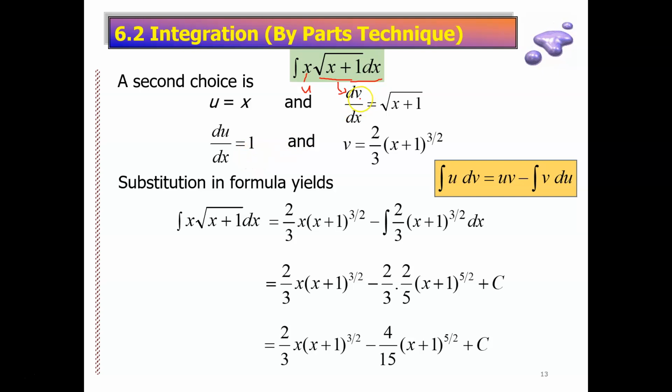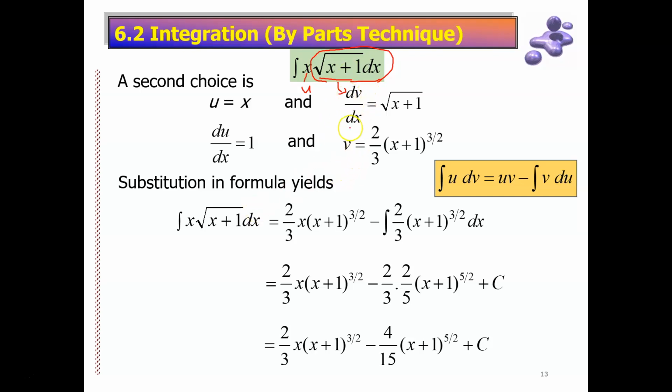Now you have dv over dx. This is dv over dx. From this one, this is the differentiation. We want to return back to obtain v. So what do we do? When we have the differentiation and want to go back, we integrate.